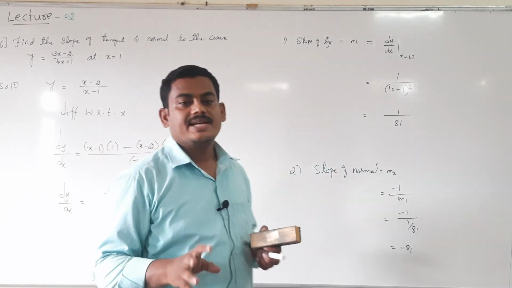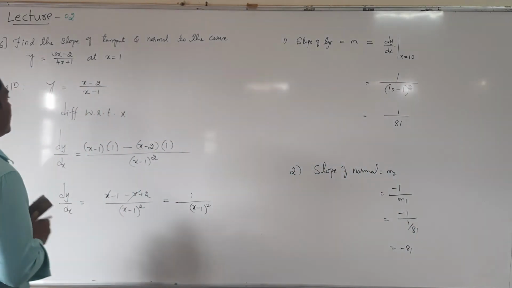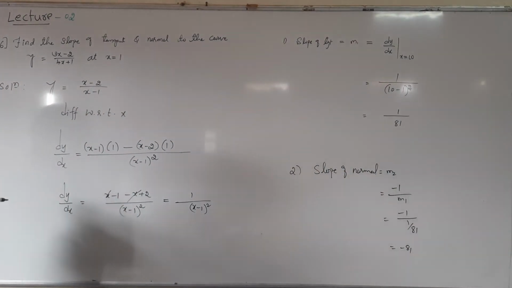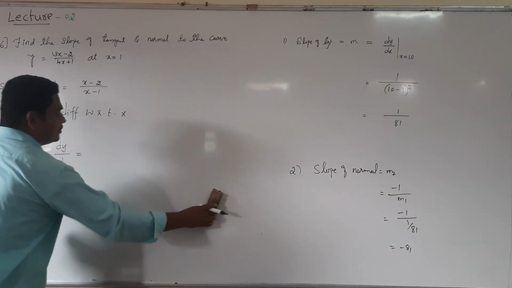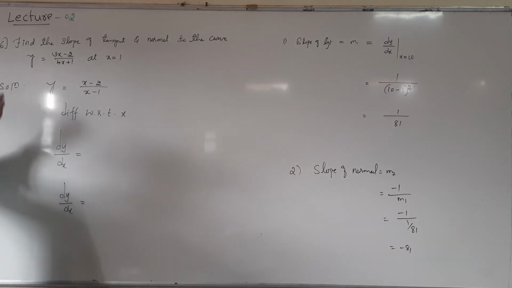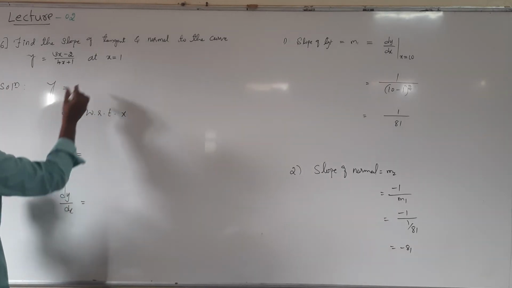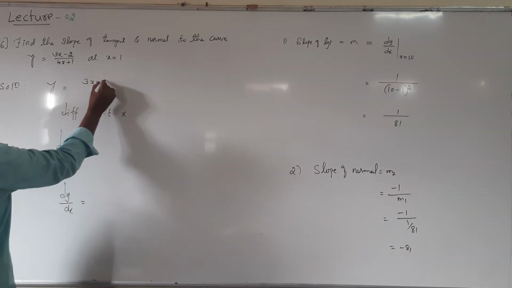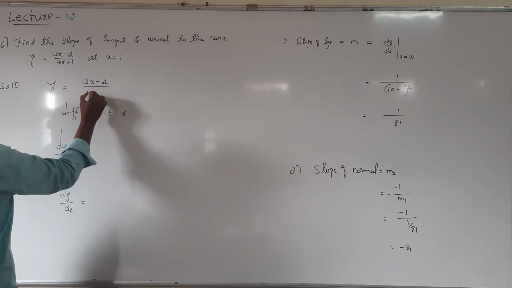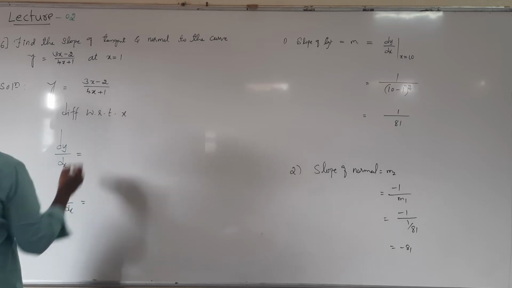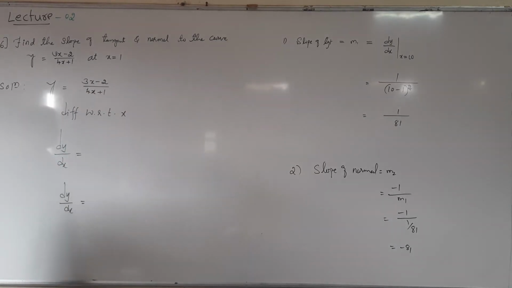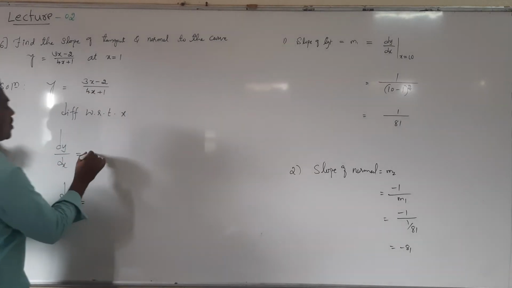First step, differentiate with respect to x only, right? After differentiating you get dy by dx. Here also use quotient rule. (3x minus 2) divided by (4x plus 1), right? Differentiate by using quotient rule.